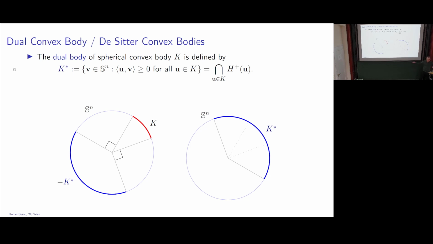You take the polar cone, so you take the intersection of all the half spaces such that the normals of these half spaces are in K. And this gives, when you intersect it again with the sphere, a sort of duality operator. And I chose to reflect in the origin so that K and K star are in the same half space if possible.